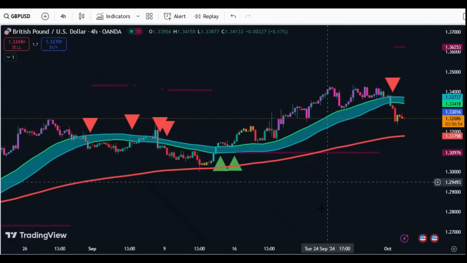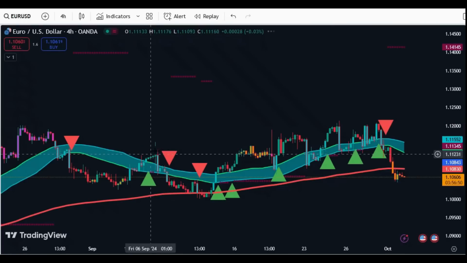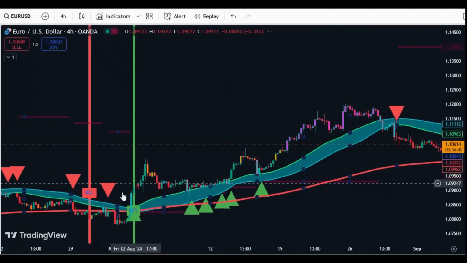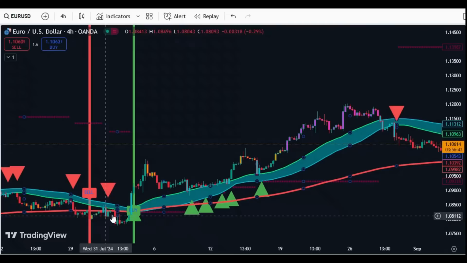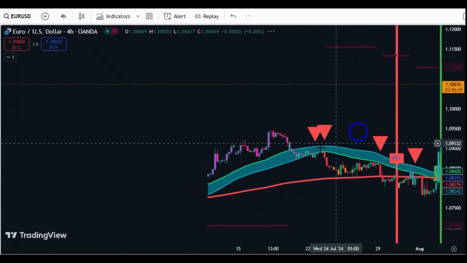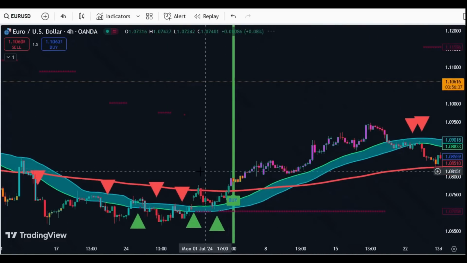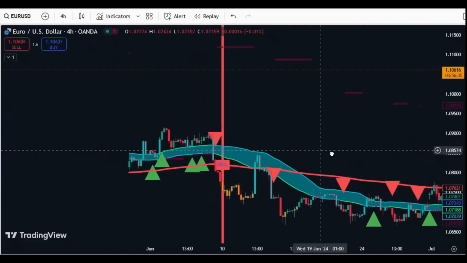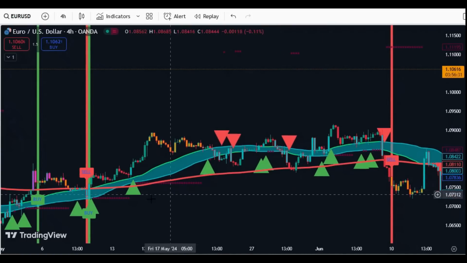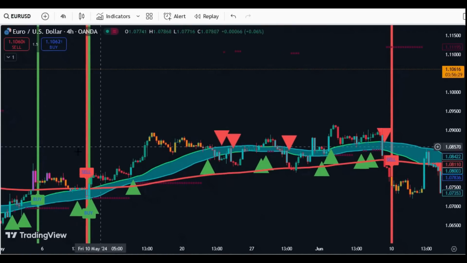So remember, the key to consistent trading success is not just relying on any tool or strategy, but combining it with proper risk management, discipline, and a solid plan when trading the market, because markets sometimes can trick you.